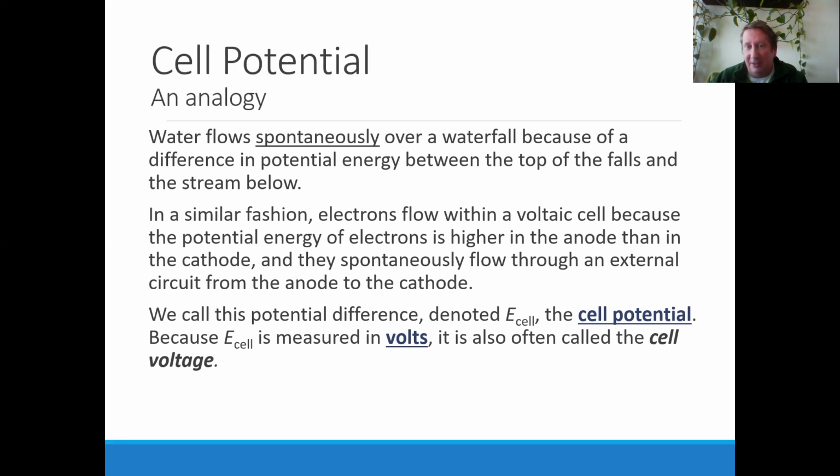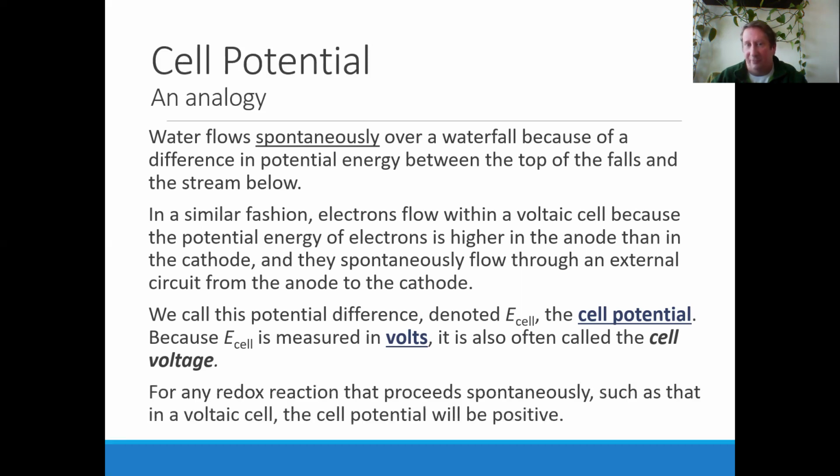So if you see a degree symbol beside the E cell, then it's called a standard cell potential. The units for cell potential are volts. Okay? So sometimes the cell potential is called the voltage or the cell voltage.